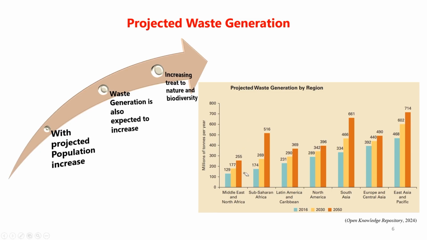So you can see that there is an increase in waste generation in almost all the regions of the globe, starting from Middle East and North Africa to South Asia, which has one of the largest populations of the world, and similarly East Asia and the Pacific. So our problems with waste are going to increase, not decrease. Therefore we have to think about handling this waste.